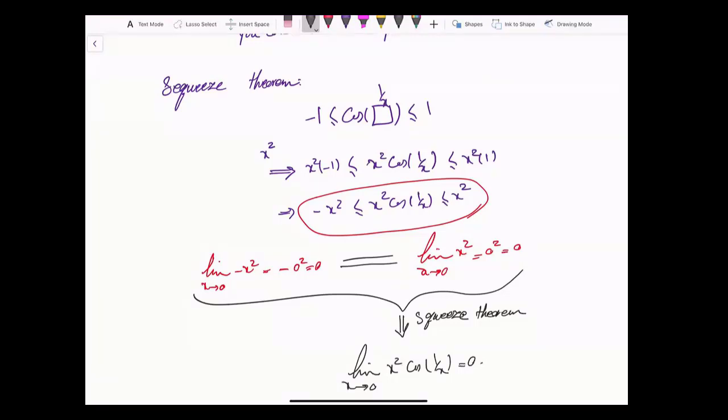We found the inequality, we found the limits of the upper and lower functions, and we showed that they are the same. Then the squeeze theorem shows that the limit of the middle one is 0.